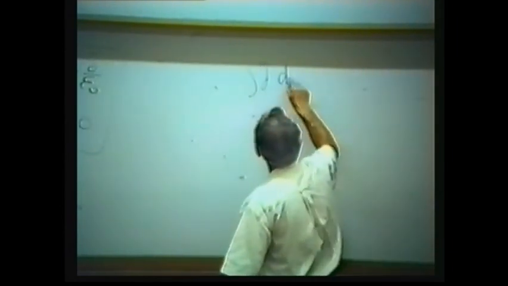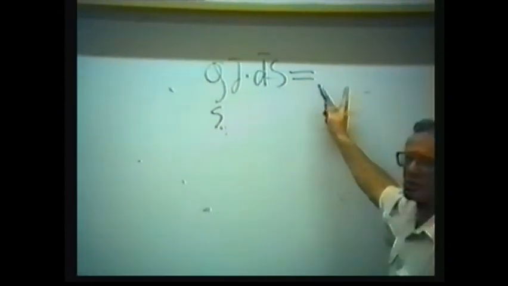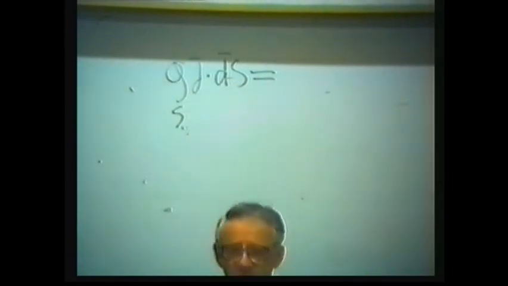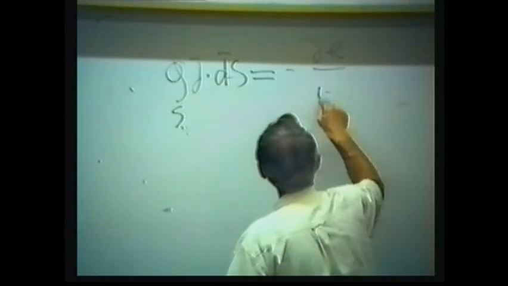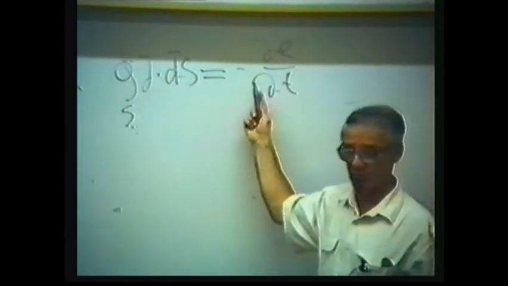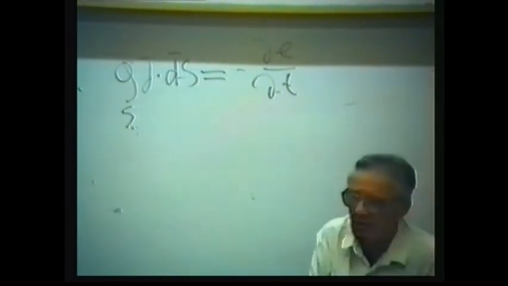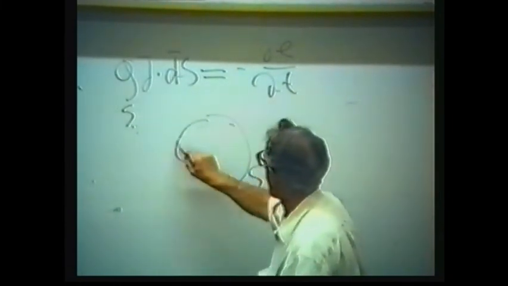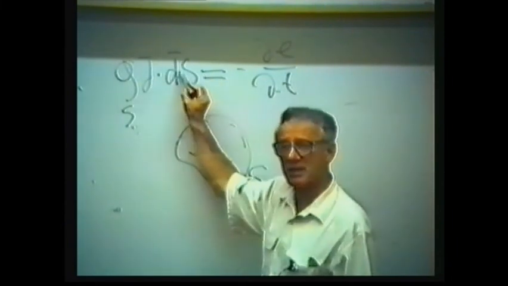The flux of current density through a closed surface is not equal to zero. But what is it? It's equal to minus the rate of change of charge inside the volume. It's still the principle of charge conservation. You have a surface S. What does this integral show?